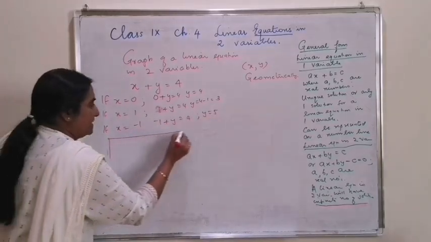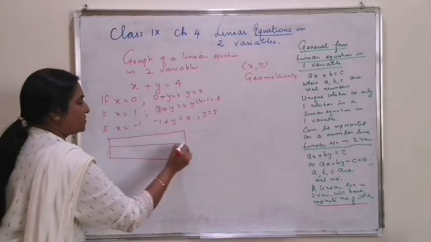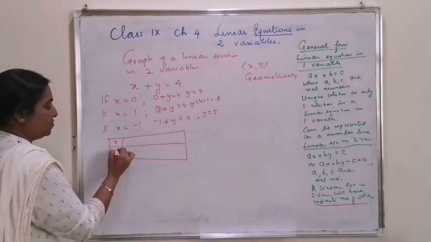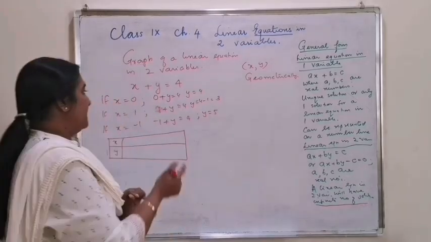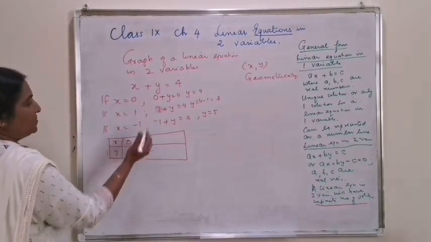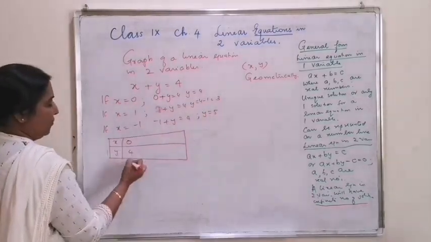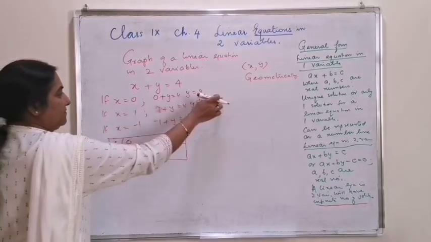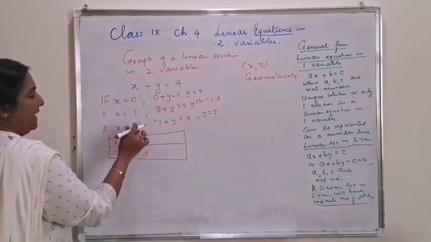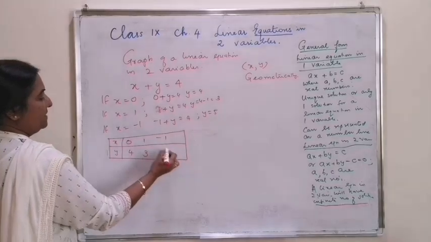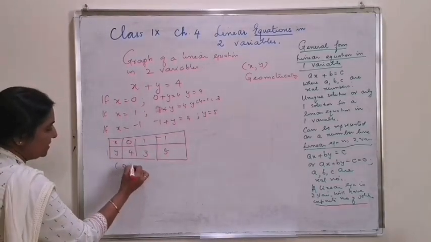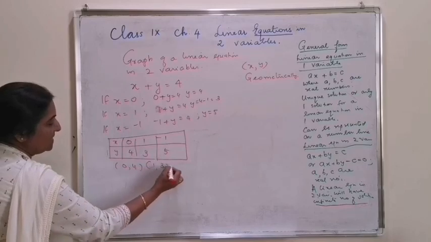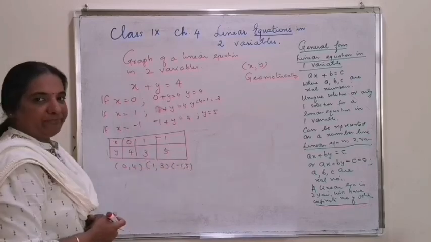Let us make a table of x and y so that the ordered pairs are written correctly. If x takes the value 0, y takes 4; 1 with 3; and minus 1 with 5. So the ordered pairs are (0, 4), (1, 3) and (minus 1, 5).